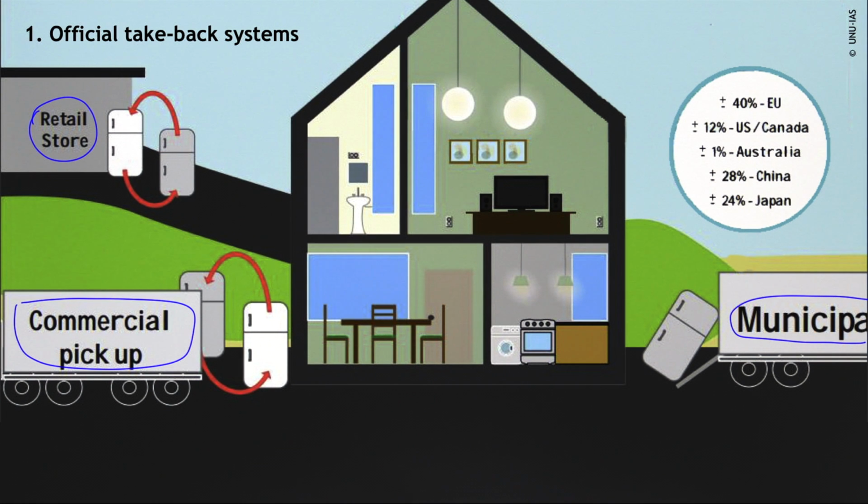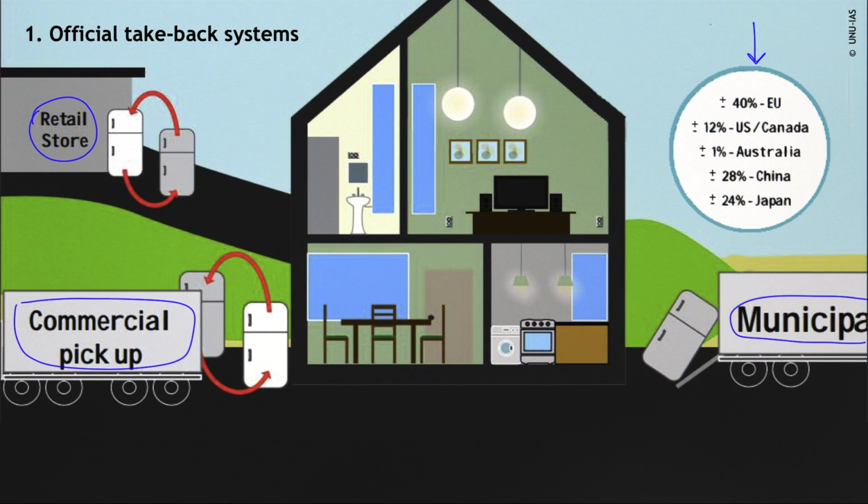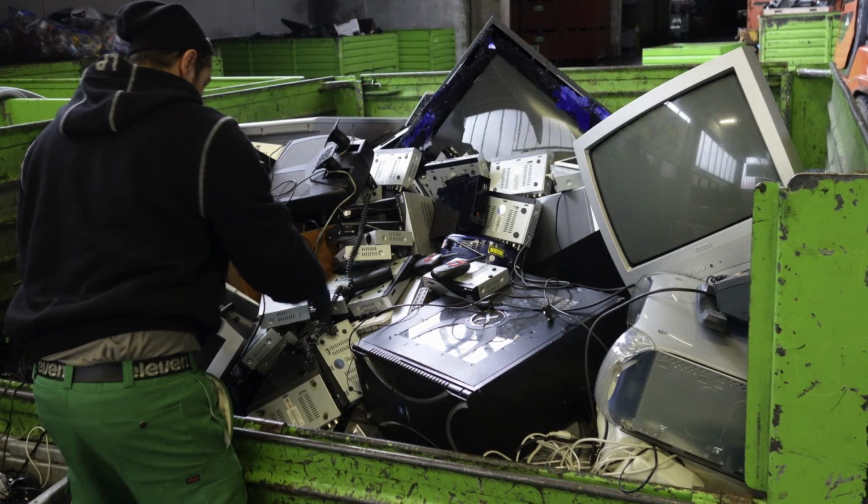The collected e-waste in this case goes to state-of-the-art treatment facilities which recover the valuable materials in an environmentally sound way and reduce the negative impacts. Here we see the percentages of the total generated e-waste that is annually handled like this in several countries. This picture shows an operator in a collection point for e-waste in Switzerland.